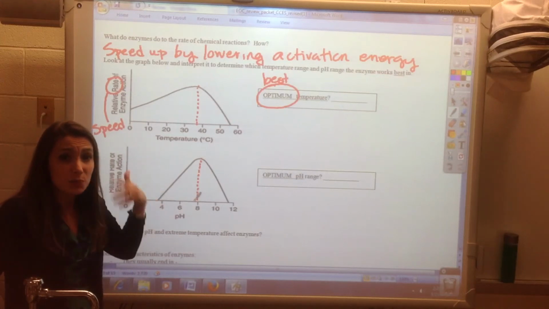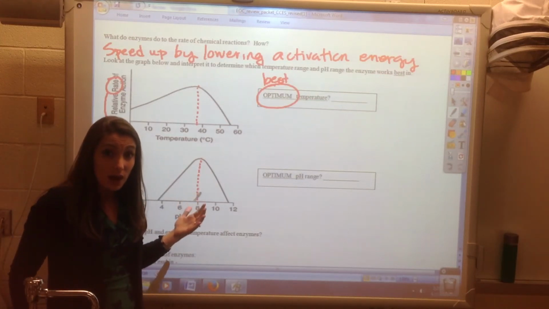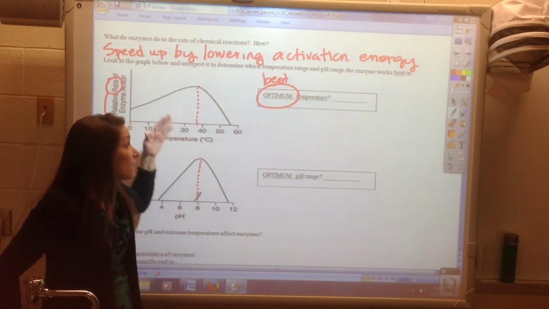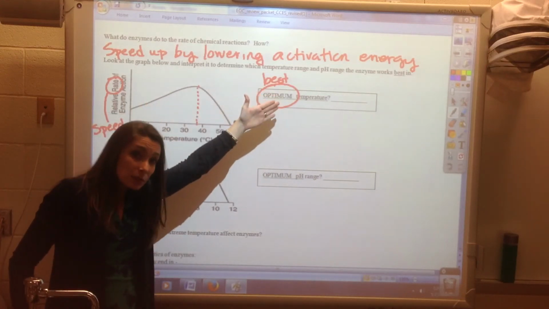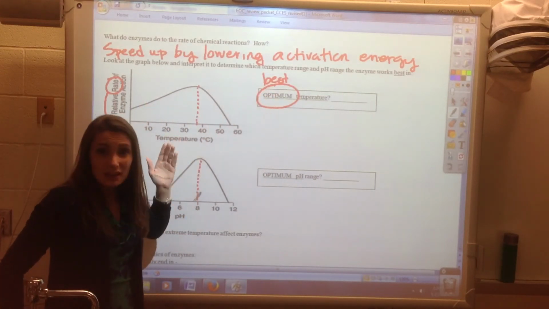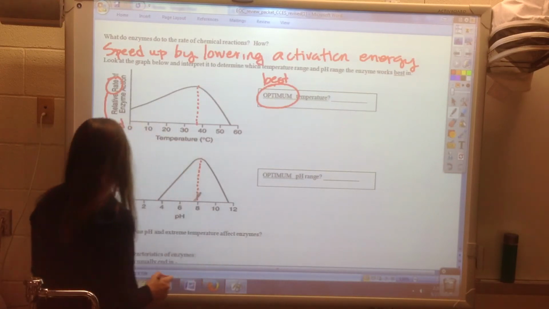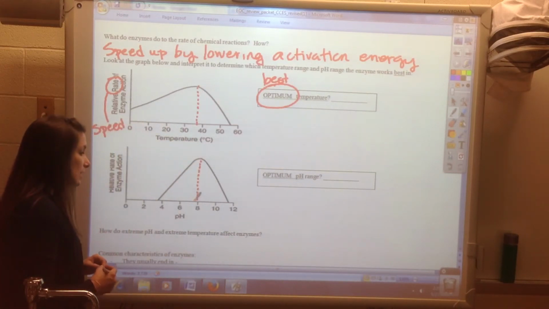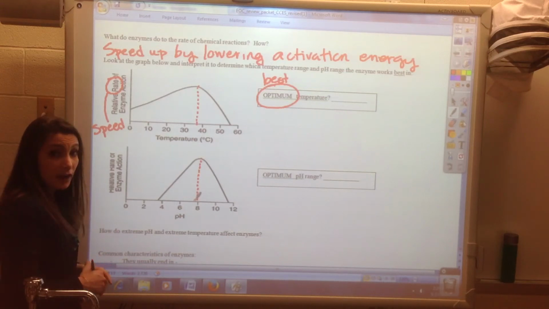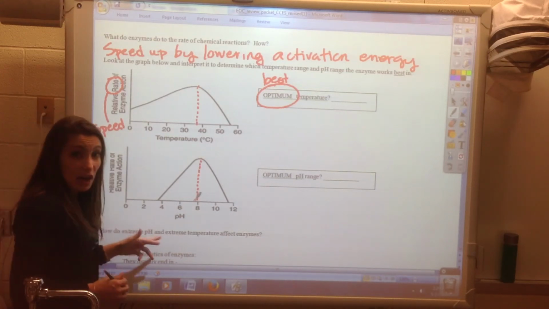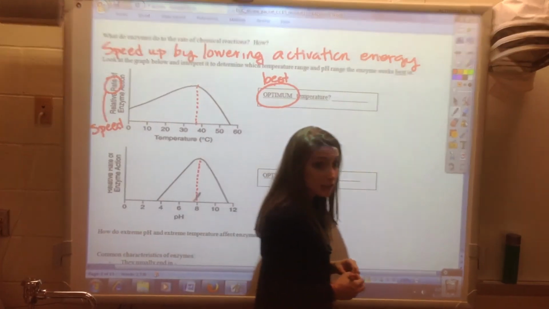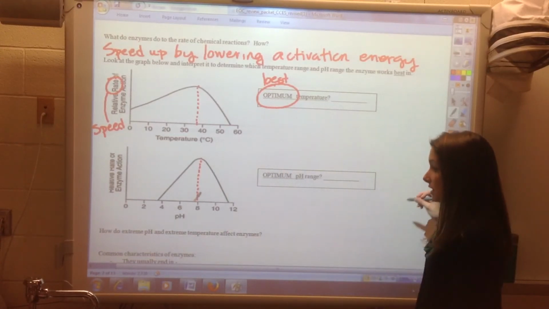So while enzymes are supposed to be doing all these things in our body, like breaking down food, if the temperature isn't optimum or best, then the enzyme can't work at all. And so that's the question here. How do extreme pH and extreme temperature affect enzymes? They can change the shape of the active site, and we call that being denatured.